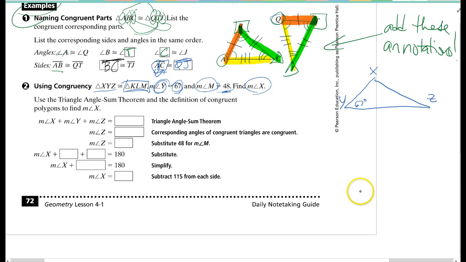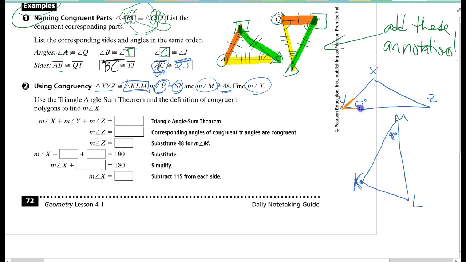I'll start here and go K, L, M. And they told me that M is 48 degrees. Got it. Okay, so they also told me that these two are congruent. So what can I fill in on the other triangle?